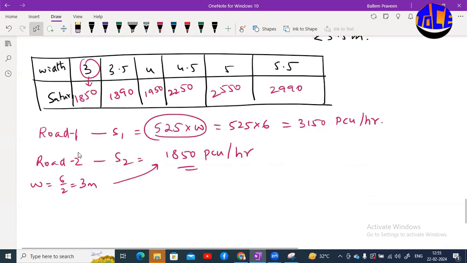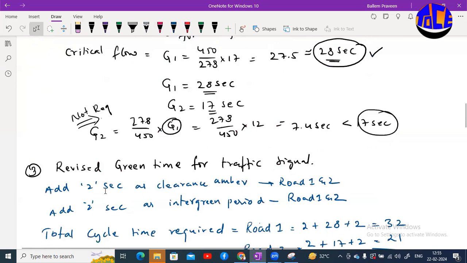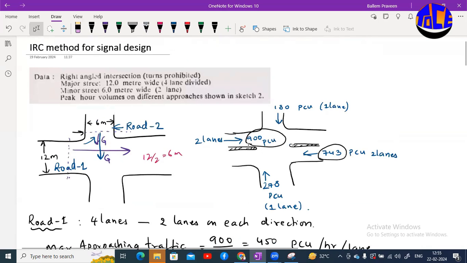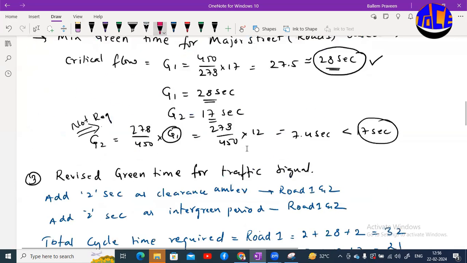Now we need Y1 and Y2. Y1 is the critical flow in road 1. How much traffic should we take, 900 or 450? Here we need to take 900, because for saturation flow we took a width of 6 meters, that is the width of 2 lanes. So the traffic in the 2 lanes is 900.